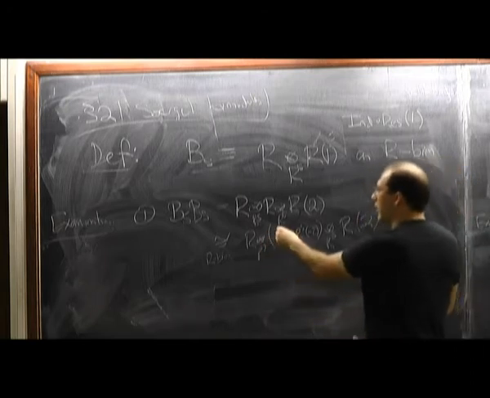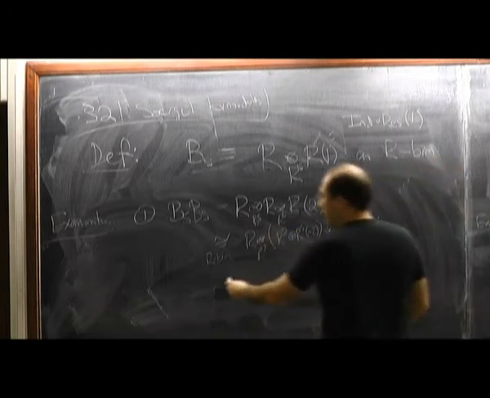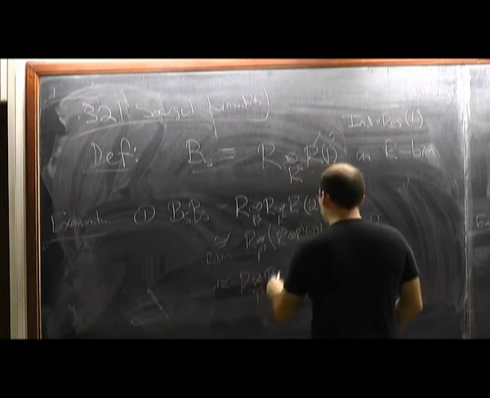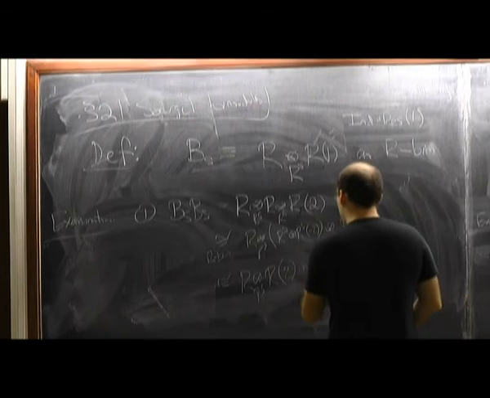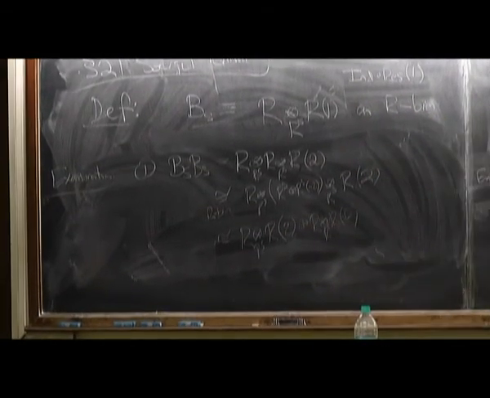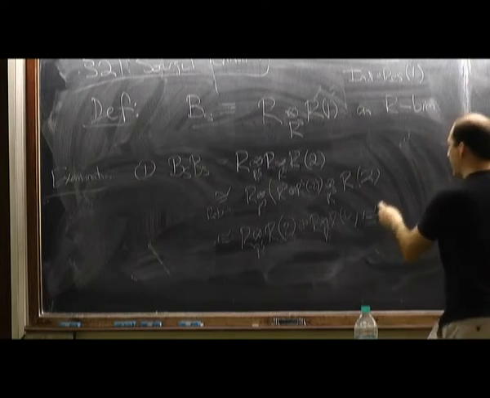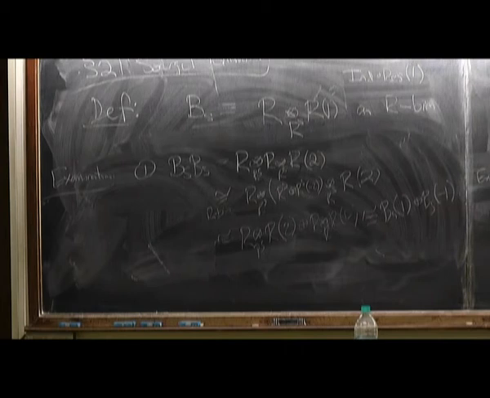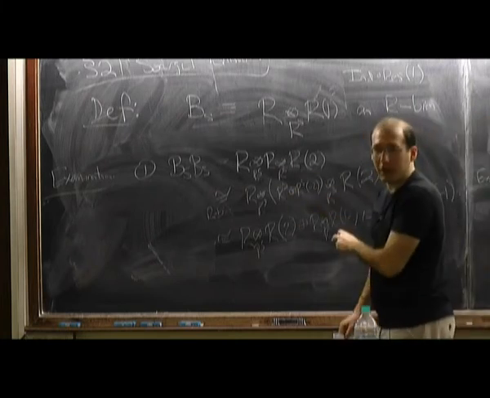Now, tensoring over RS with RS does nothing. So if you just work out what this is, R tensor over RS, R shifted by 2, plus R tensor over RS, R shifted by 0. Which was exactly BS shifted by 1 plus BS shifted by minus 1.